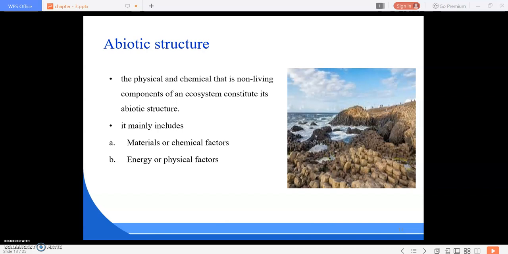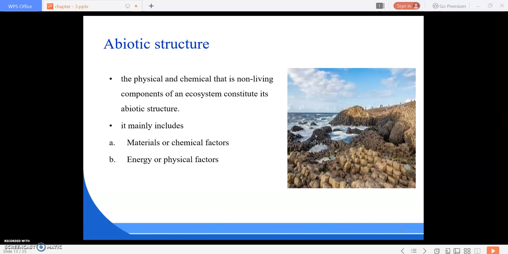In the previous class, we studied the biotic structure. It includes plants, animals, and microorganisms present in an ecosystem, and it can be classified as producers, consumers, and decomposers. Again, it is subdivided into two. The first is autotrophic components, and the second is heterotrophic components.